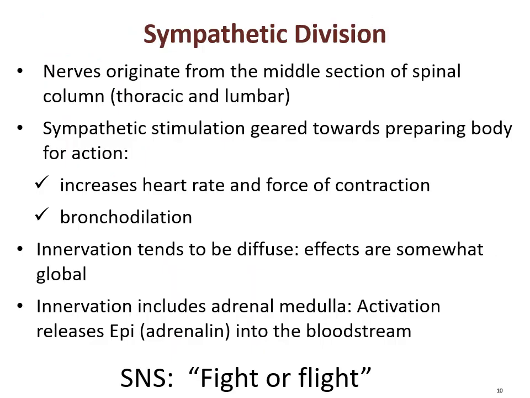Now we turn to the sympathetic division, which is a very, very important aspect of our nervous system. These nerves originate from the central part of the spinal canal, called the thoracolumbar areas. The excitation of the sympathetic nervous system leads your body for action.